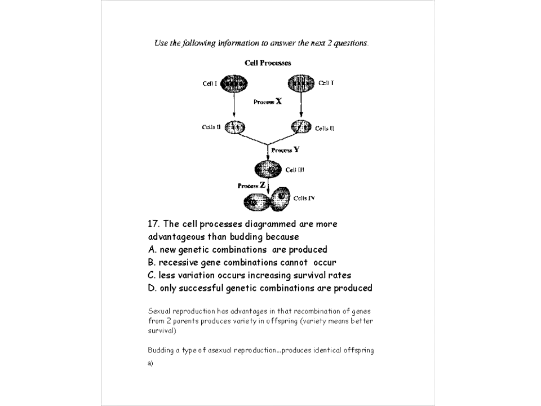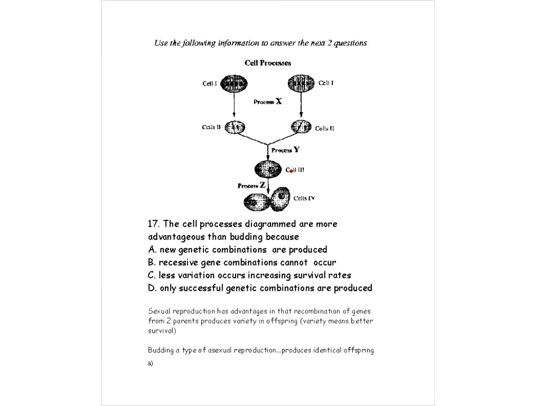On to the next one. The next question says, the cell processes diagrammed are more advantageous than budding. First, we need to figure out what's being diagrammed, and what budding is. We see that cells are joining together here, so we assume that this is sexual reproduction.